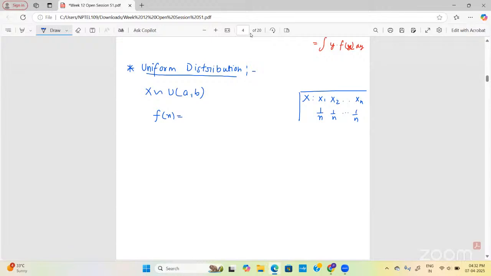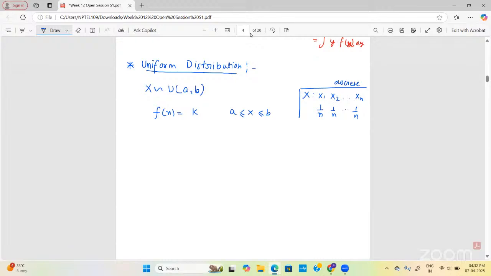Here the range of the distribution starts from A and goes up to B. So for A to B, the PDF is a constant, suppose it is K. This is for the discrete case, don't get confused with it, and here it is for continuous. So the PDF will be constant.